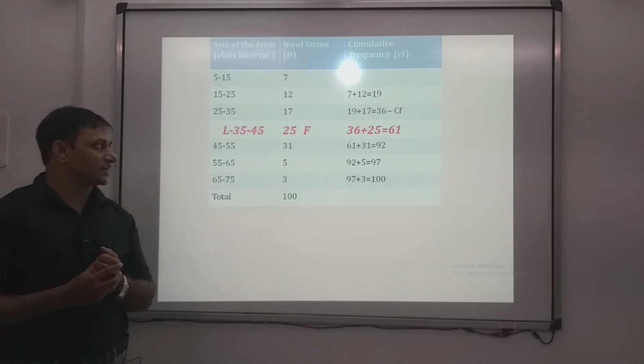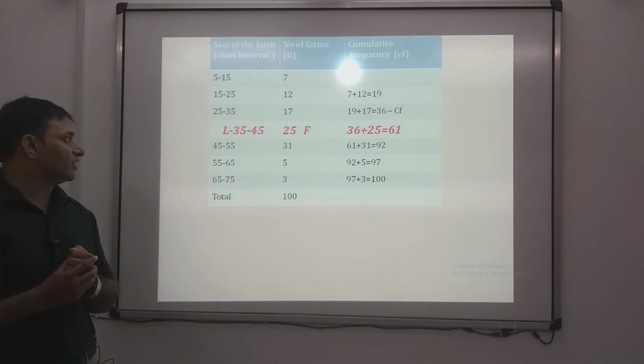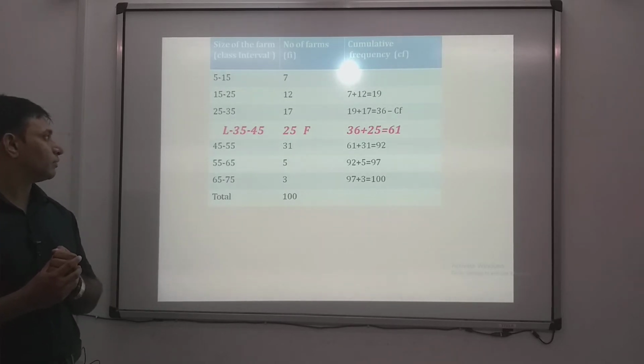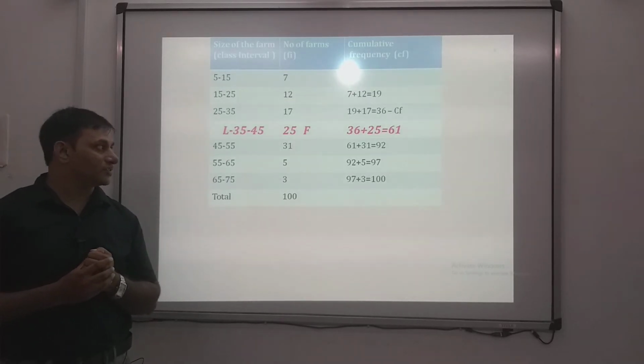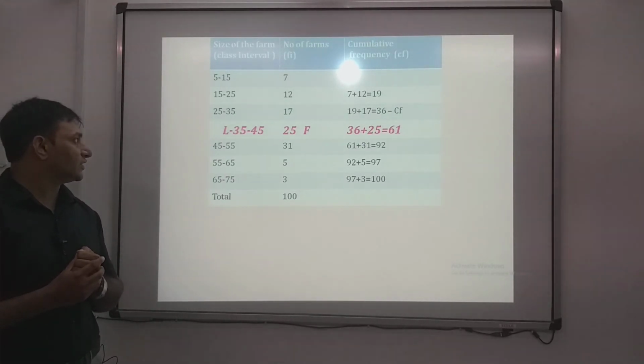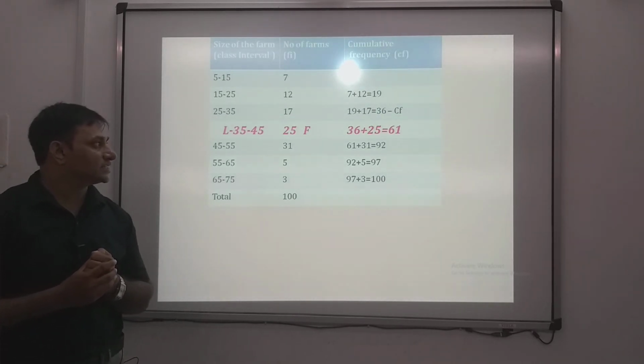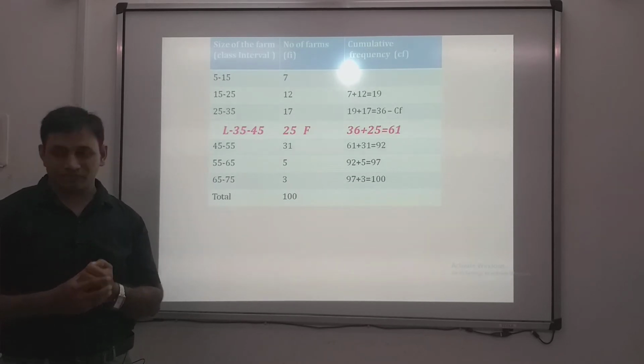So I have highlighted that class. It will be easy for you to put the values of frequency, lower boundary point and cumulative frequency. Students, you can see over here I have put F is 25, lower limit is 35, and the cumulative frequency of the class preceding the median class, that is CF, is 36.